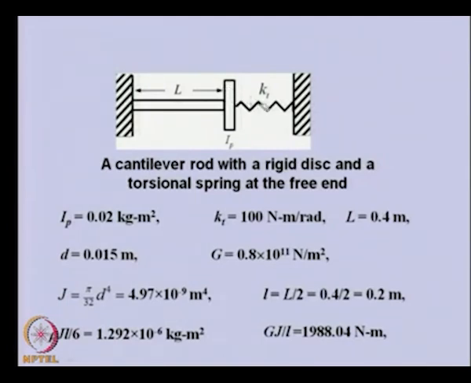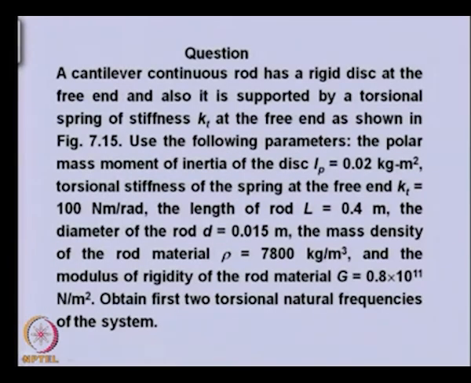Apart from that, we have a torsional spring attached to the free end. The length of the shaft, the torsional stiffness of the spring, the diameter of the shaft, the density of the shaft, because we are considering the distributed property of the shaft, and the modulus of rigidity are given. We need to obtain the torsional natural frequency of the system using the finite element method.